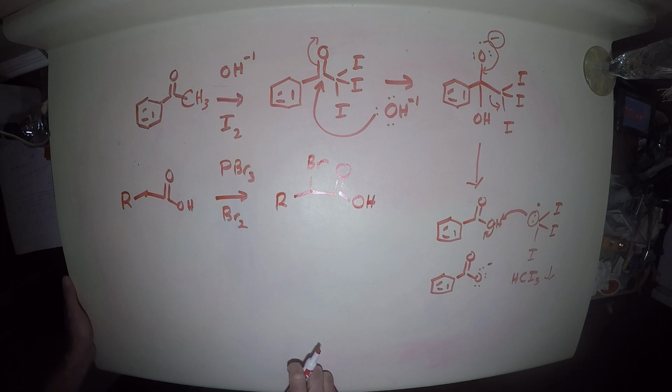The mechanism involves first converting the carboxylic acid to the acyl bromide, and then the acyl bromide being alpha brominated and the carboxylic bromide falling apart back to the acid.